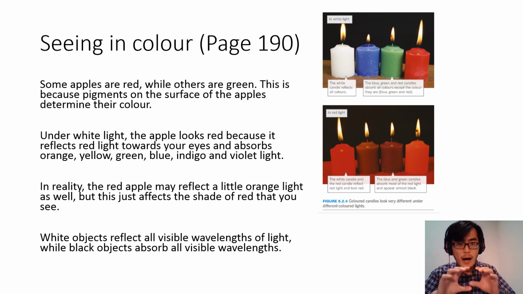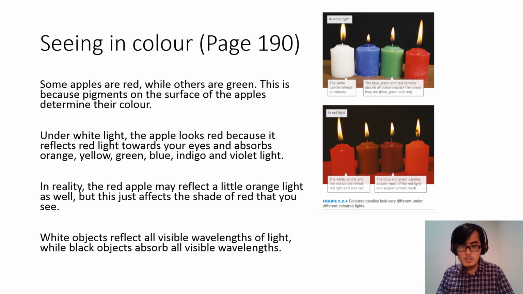But if you are in an environment of red light, the color that you observe will change. If you look at the white candle, you see that the white candle and the red candle reflect red light. And then it says that the blue and green candles absorb most of the red light and appear almost black, which is true.